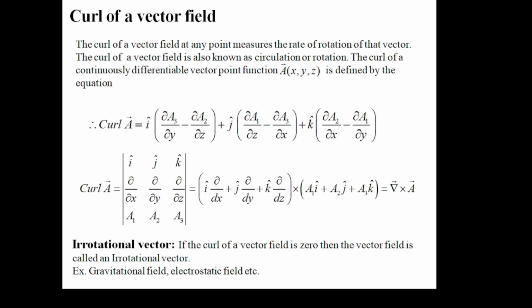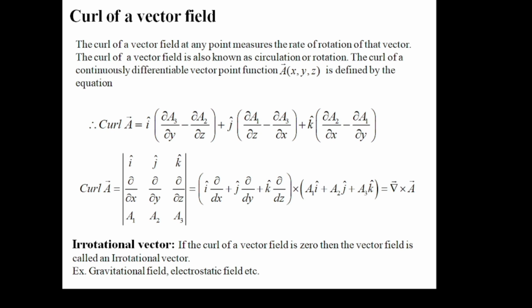Suppose the curl of V is equal to 0. That means if a wheel is placed in the liquid and it does not rotate, then curl of V, that means del cross V, is equal to 0. Del cross V is also known as curl of V, or curl of A, del cross A.